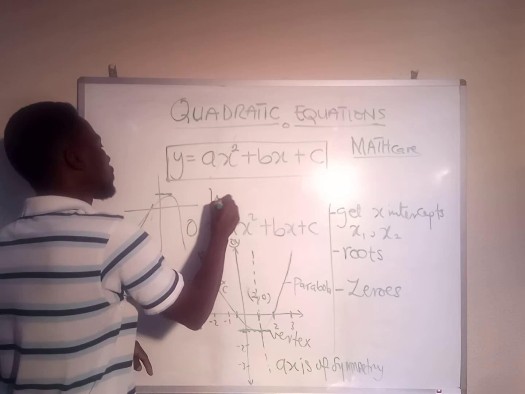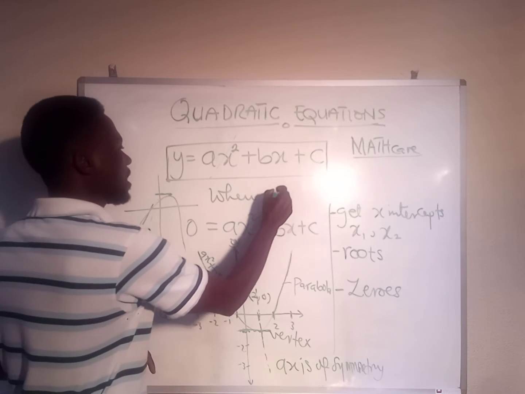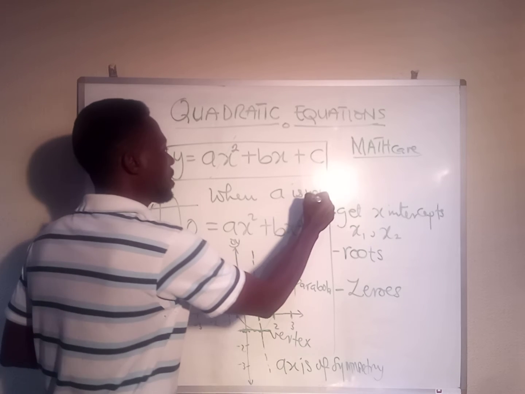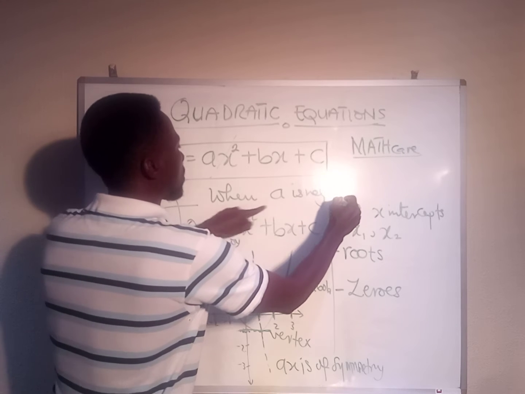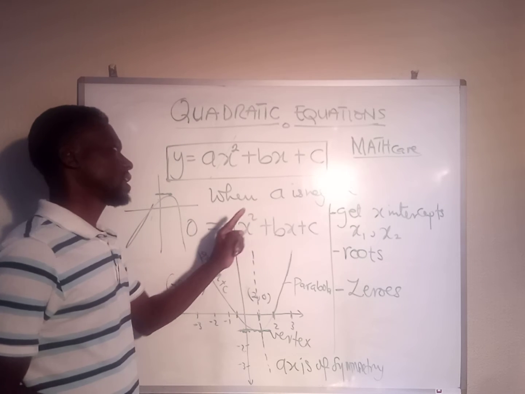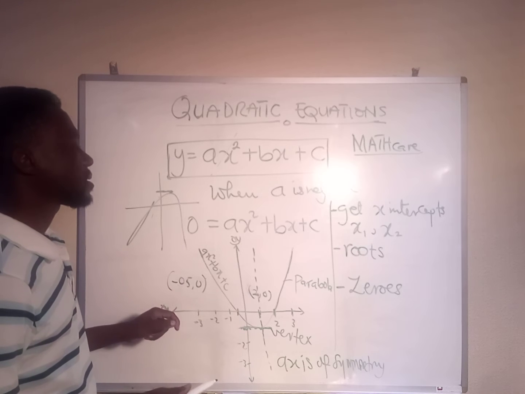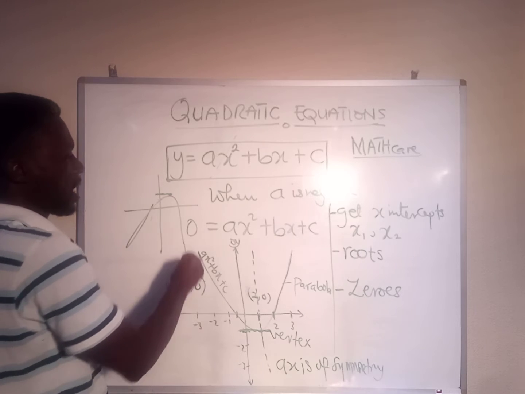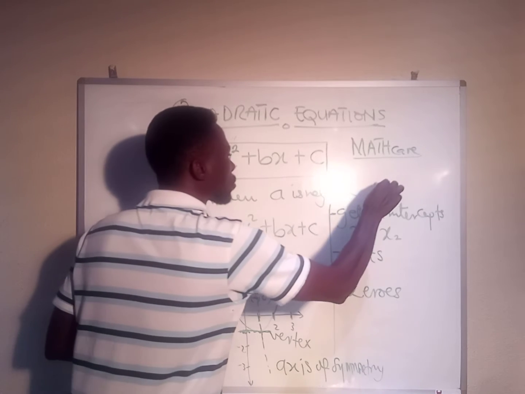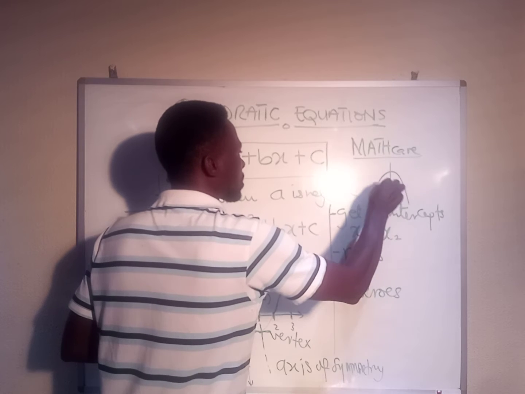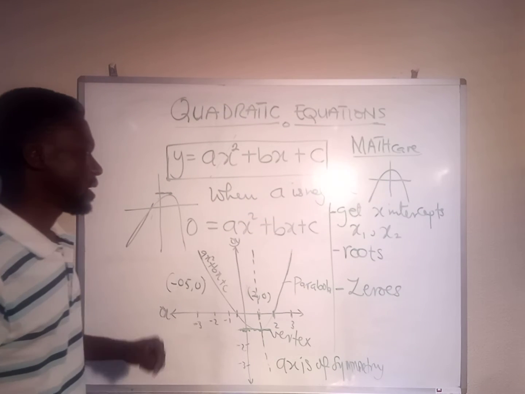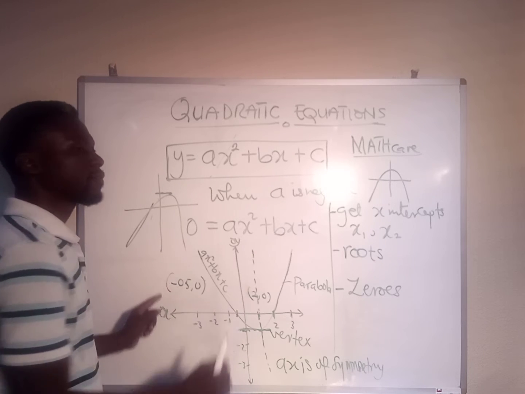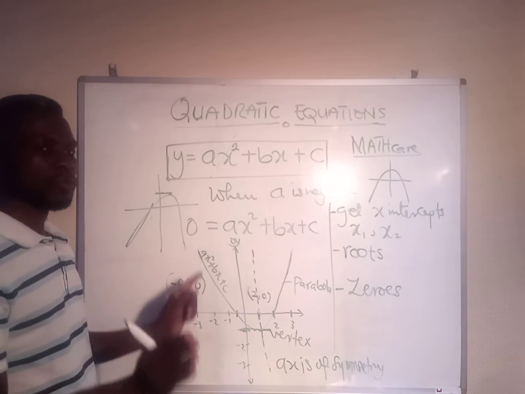When a is negative, you will have a curve that opens downwards like this. But when a is positive, you will have a curve that opens upwards.